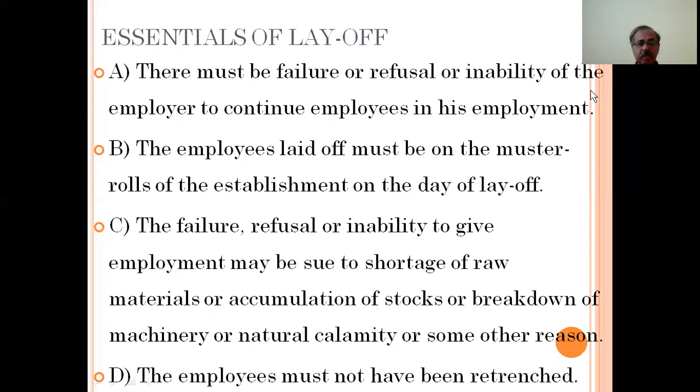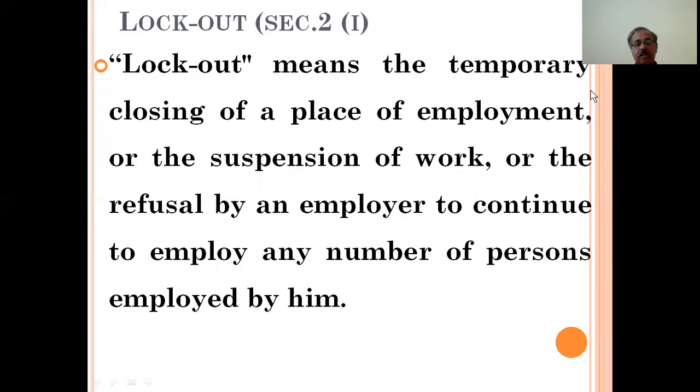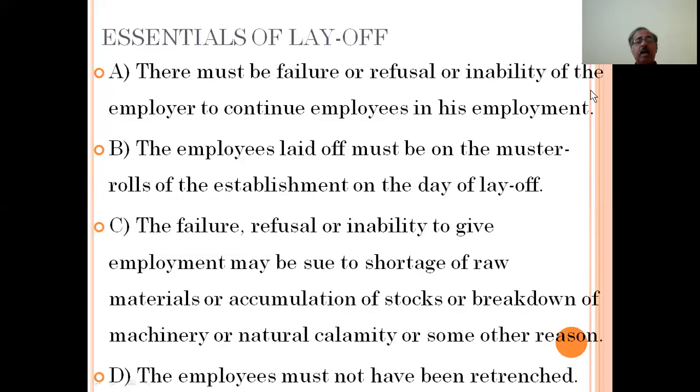The name of the employees must be there in the muster rolls or the register of the employees on the day of layoff. And the failure or refusal or inability to provide employment is due to shortage of raw material or power or coal or breakdown of machinery or accumulation of stock or natural calamity or some other reasons which are beyond the control of the employer. And the employees must not have been retrenched on the day of layoff. These are the essentials of layoff.